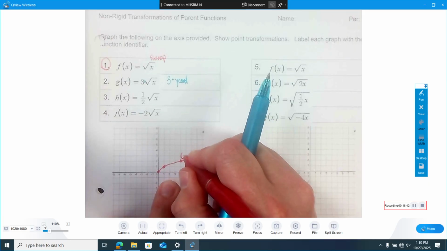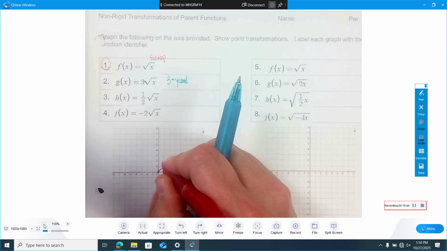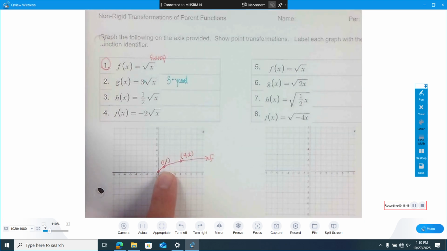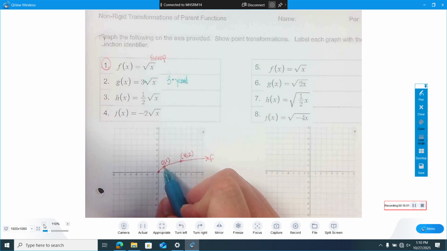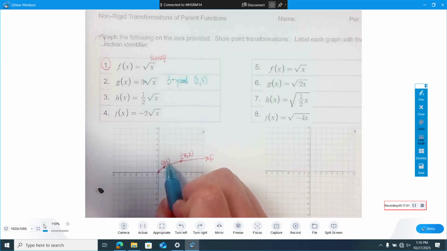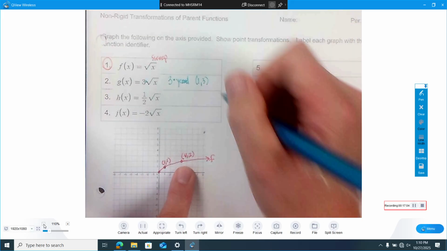So if I'm at the points 4, 2 and 1, 1, and label those initial points, what does 1, 1 turn into? 1, 3. The x stays the same, the y changes. So instead of 1, 1, we get 1, 3. And what's 4, 2 going to turn into?